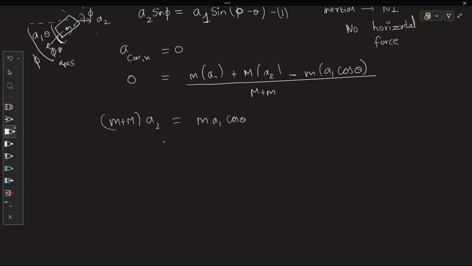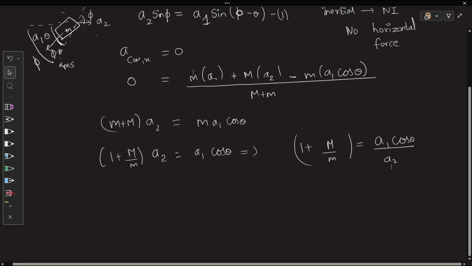So what I get is A2 divided by small m, 1 plus capital M by small m into A2 is nothing but A1 into cos theta. So 1 plus capital M by small m is equal to A1 cos theta by A2.